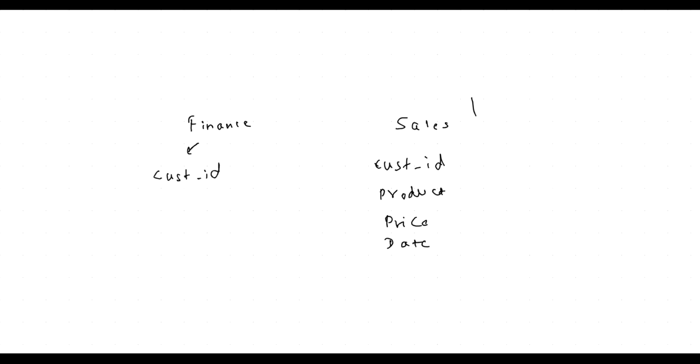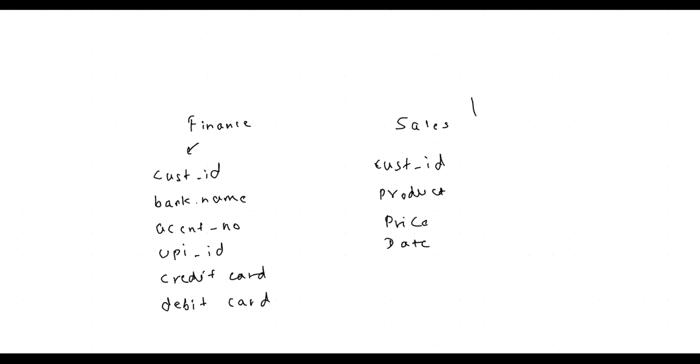But they have some other information such as your bank details: bank name, account number, then UPI ID if required, some credit card numbers, debit card numbers, and so on. So if you see, the finance team has the banking related details of each and every customer.